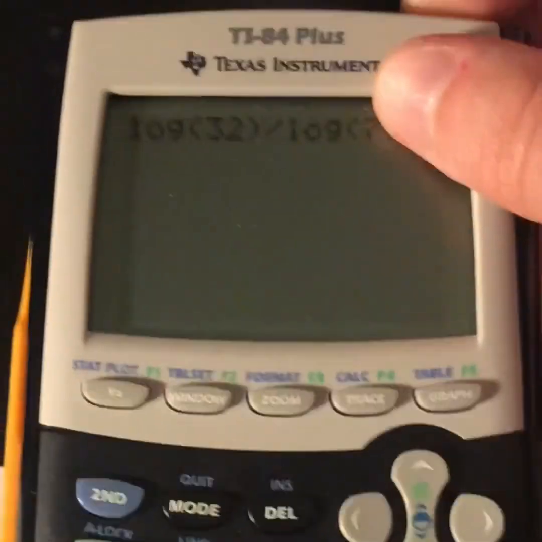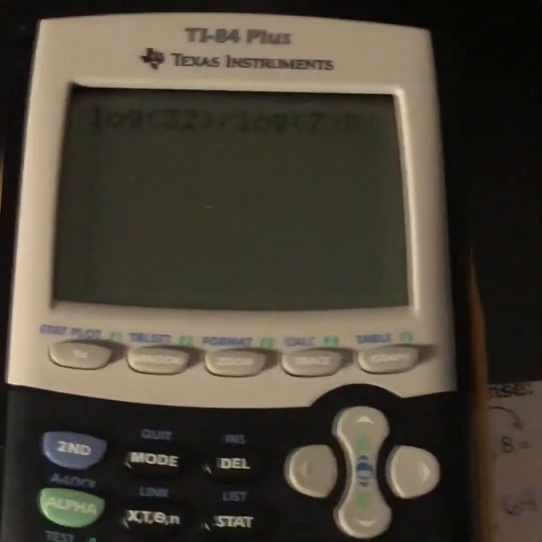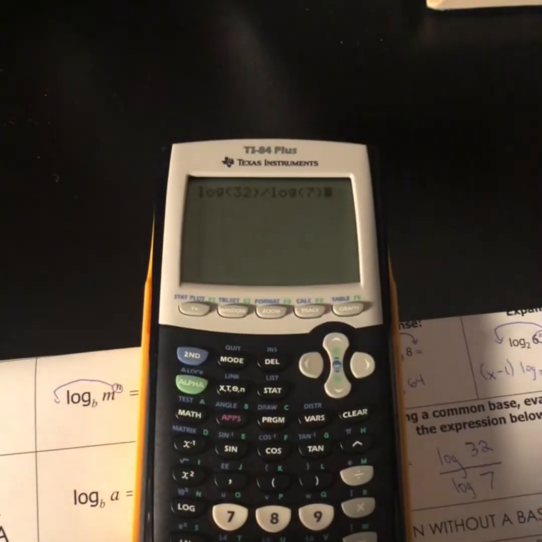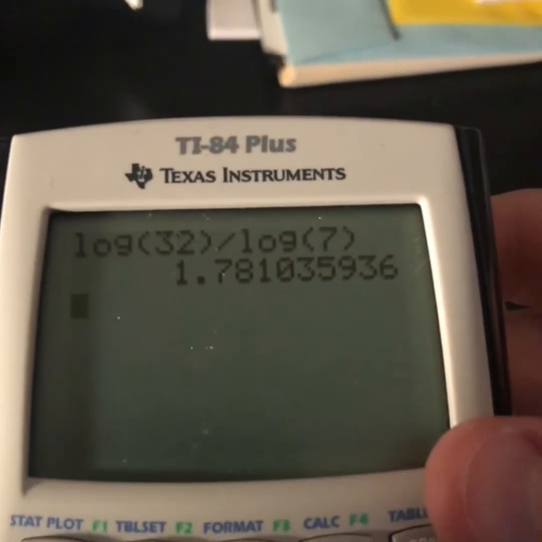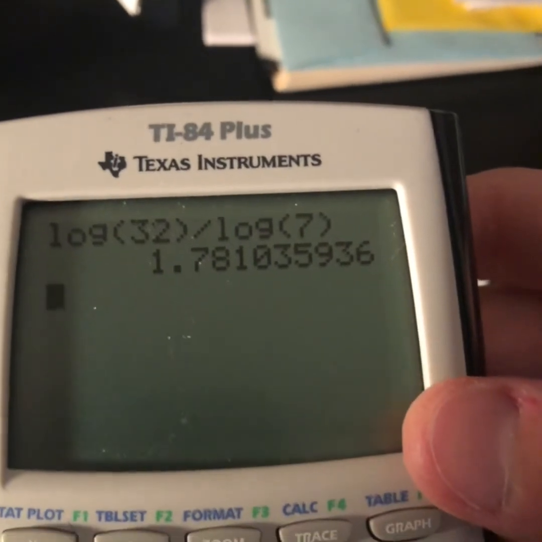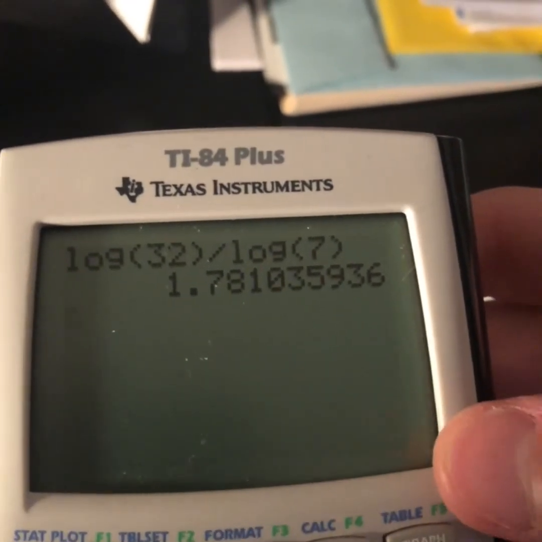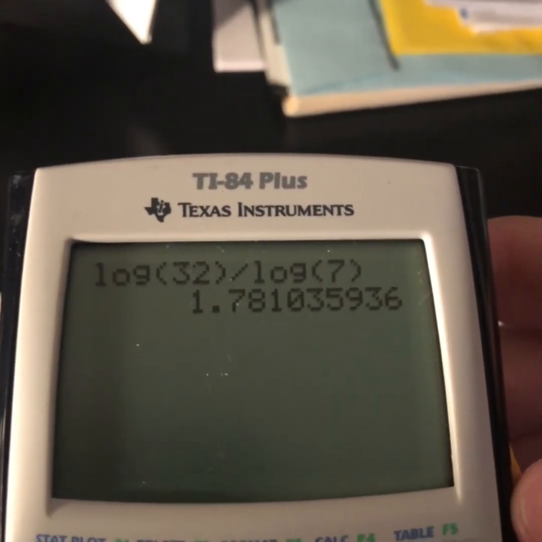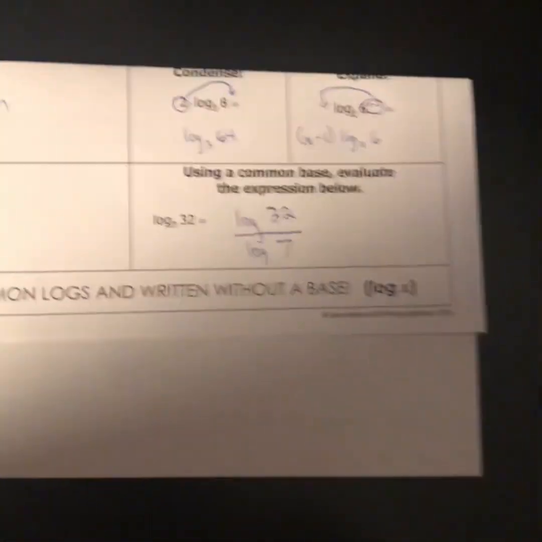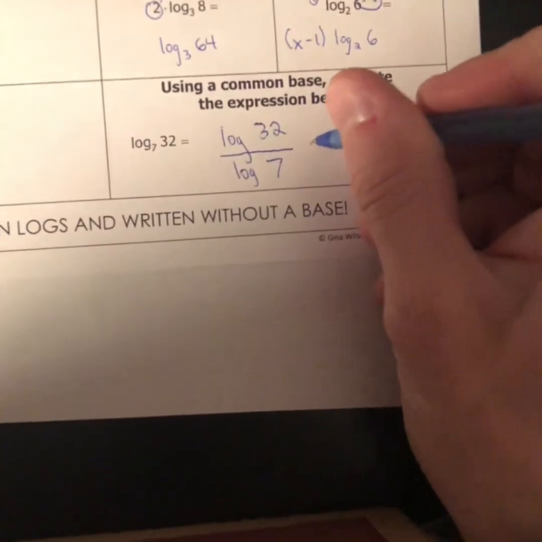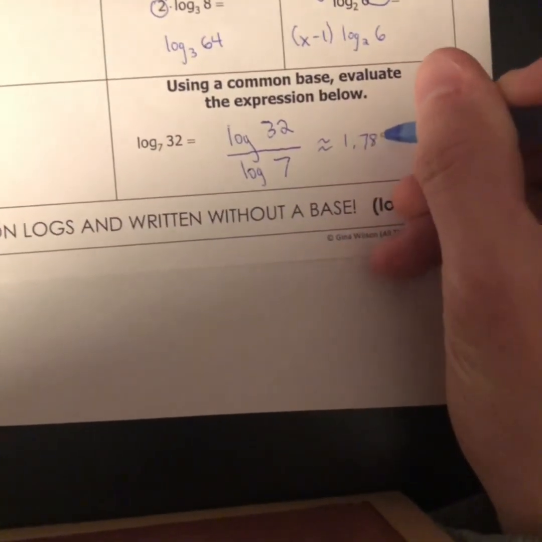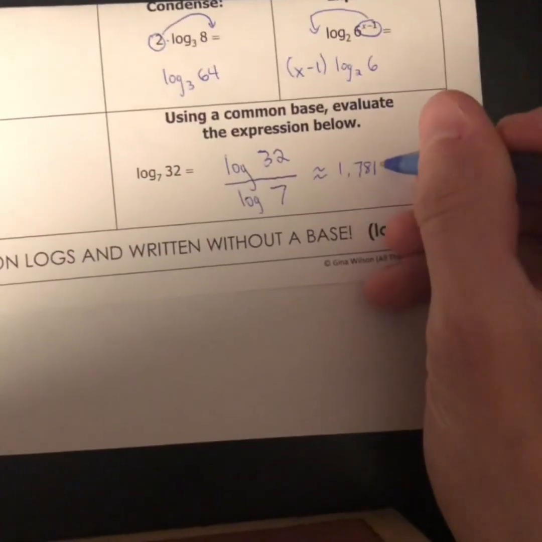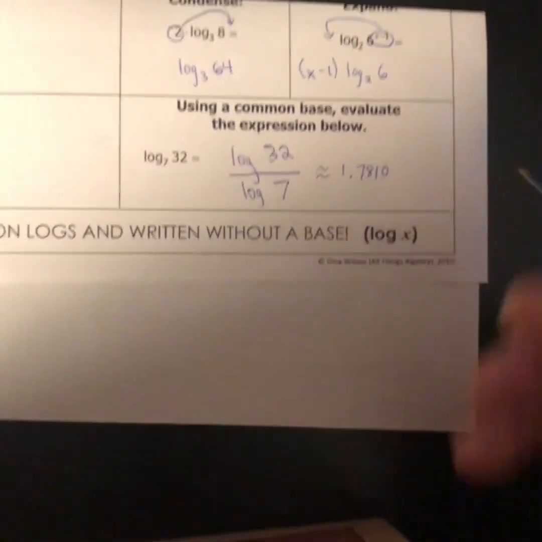So log of 32 divided by log of 7, and the calculator will do the rest for you. 1.781. I think they rounded it to 4 decimal places on the answer key, so 1.7810. And that would be your answer over here. So we would approximate that to be 1.781 or 1.7810.